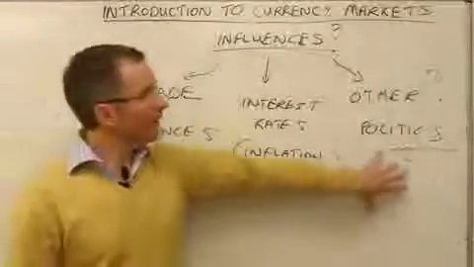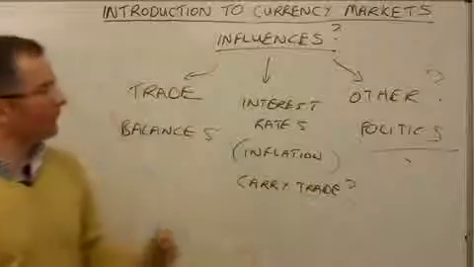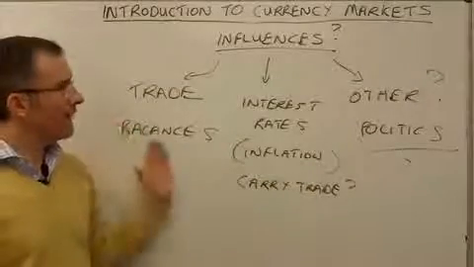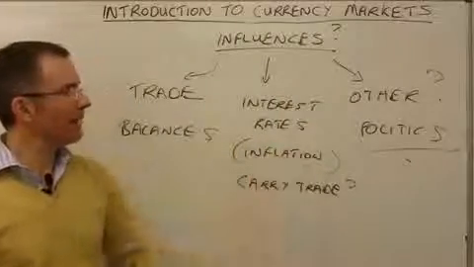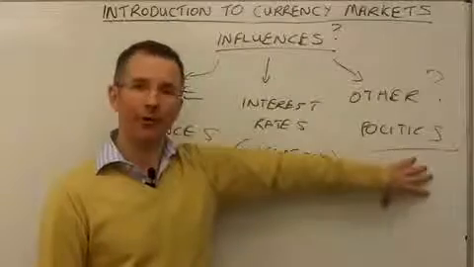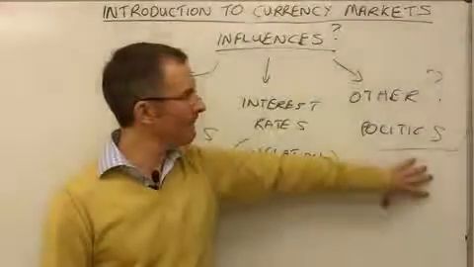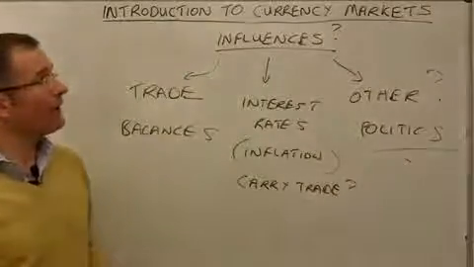So currency is very sensitive to all kinds of different pieces of information, but the principal ones, trade, key economic data such as interest rates, inflation, and then you've got the random factors, which includes the kind of political risk in the currency markets. Okay, so 3 things to think about on the foreign exchange markets.